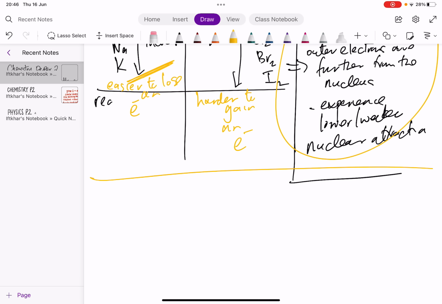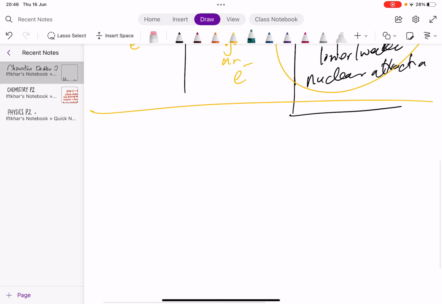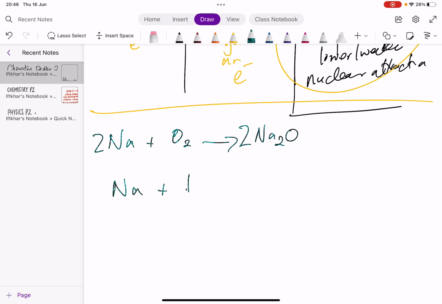Other things with group 1 which are important to note now is the reactivity of group 1 with oxygen and water. Sodium reacts with oxygen to form sodium oxide, burns with a yellow flame, balance it. And the other key reaction is sodium plus water. It forms sodium hydroxide and hydrogen.